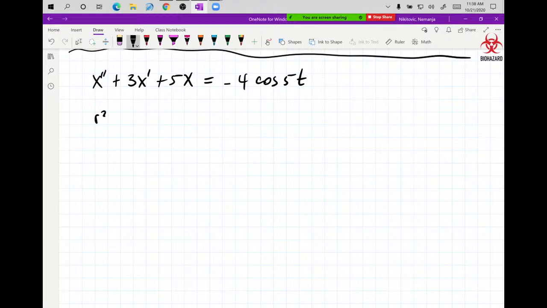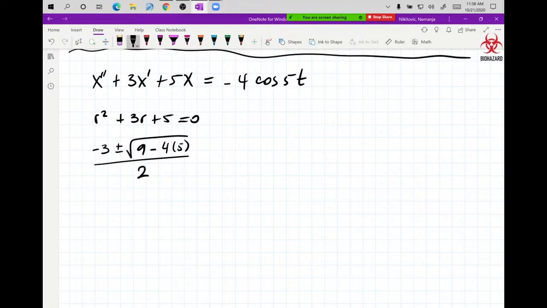So r squared plus 3r plus 5 equals 0. And now we take a look at negative b plus or minus the square root of b squared minus 4ac, divided by 2a.